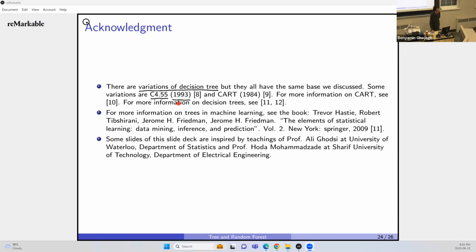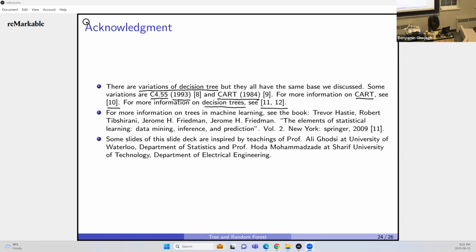It was proposed in 1993. CART was proposed in 1984. For example, for more information on CART, you can see reference 10. For more information on decision trees, you can see references 11 and 12. By the way, for random forest, we have other various versions too, for example, extremely random forests. There are various things, okay? But all of them have the base that we talked about. They are using bagging.